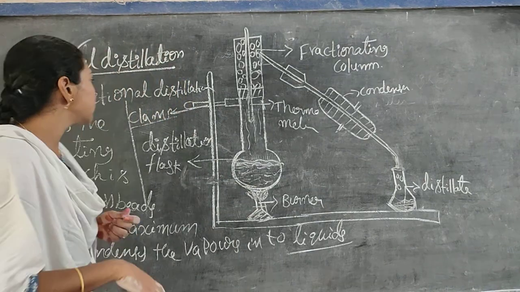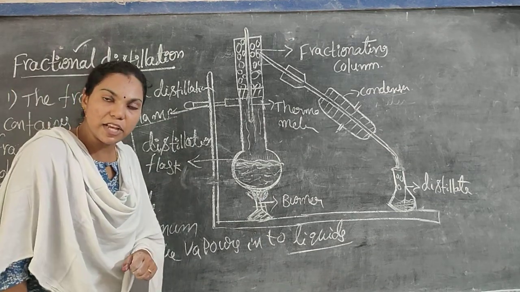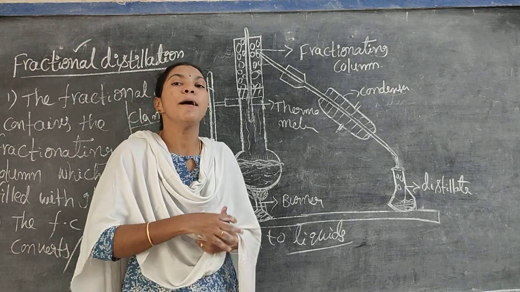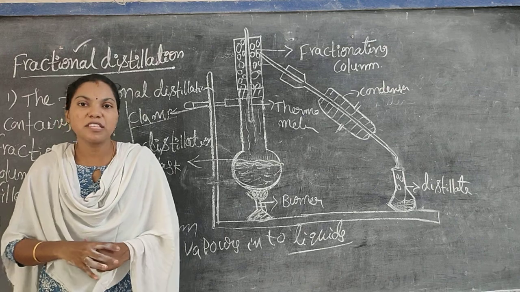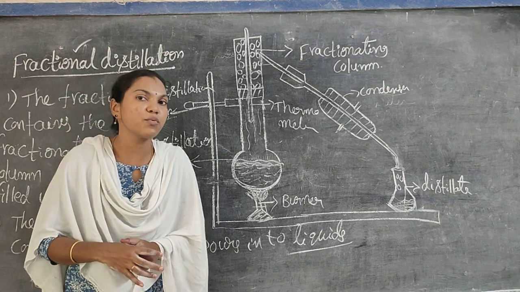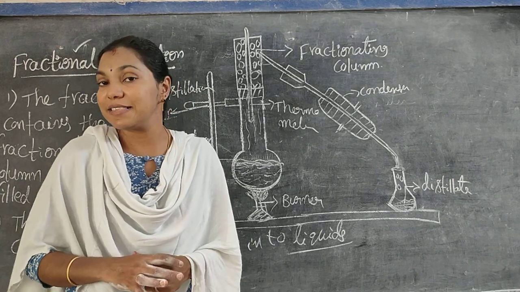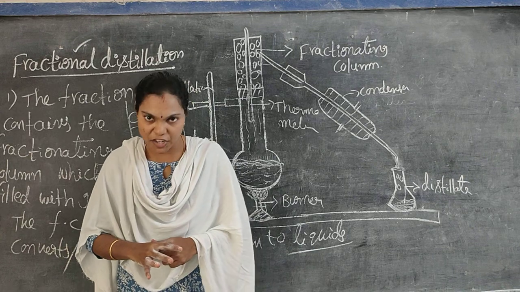Okay, so this is the fractional distillation. What is the difference between distillation and fractional distillation? Miscible liquids are separated by using distillation and fractional distillation. If the two liquids' boiling point difference is more than 25 degrees Celsius, we use the distillation method. If less than 25 degrees Celsius, we use the fractional distillation.